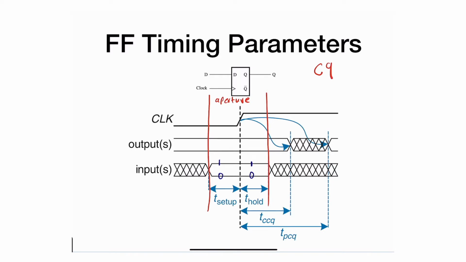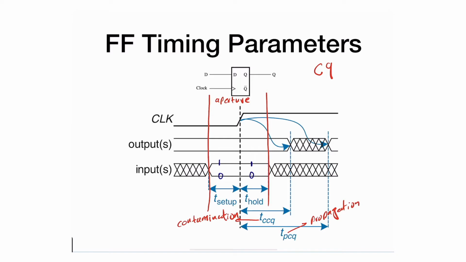And this diagram is showing me a couple of things. It's showing me a couple of clock to Q times, and one is the short version. Basically, I have a certain range. The short version here is what we call the contamination delay, and the longer one is what we sometimes call the propagation delay.